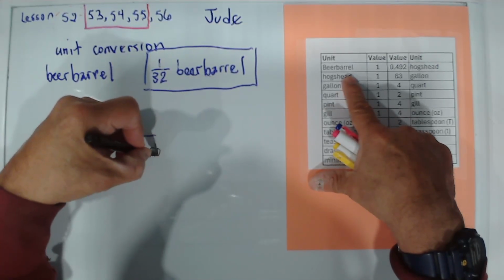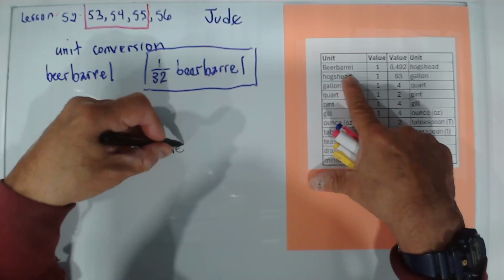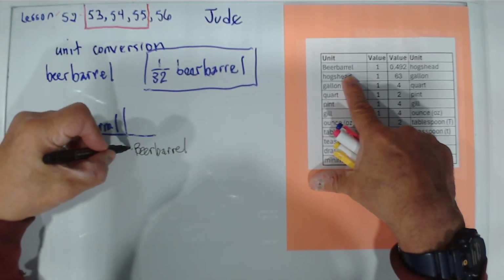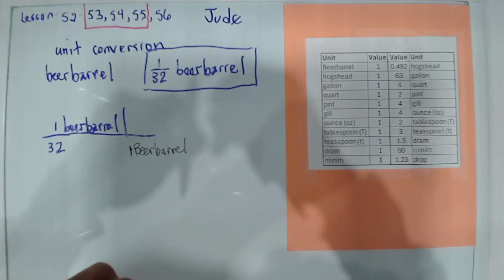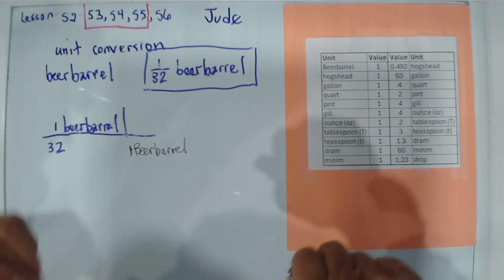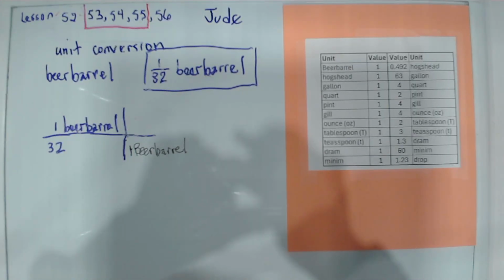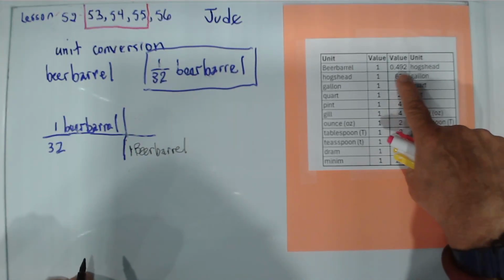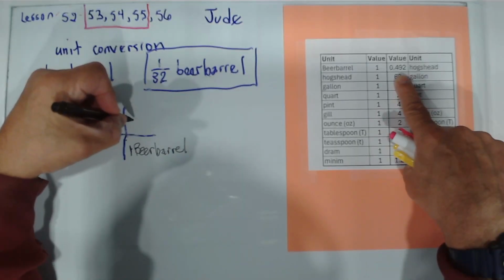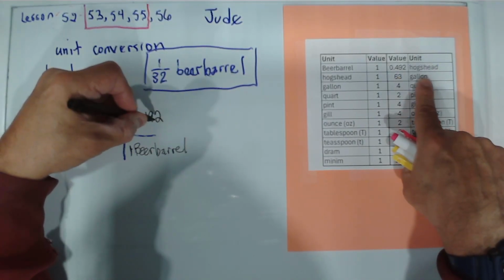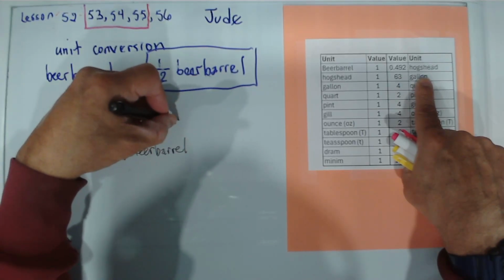Beer barrel. And it's 1 beer barrel. And I'll redraw this guy. Okay? And it's going to be 0.492 hogsheads.